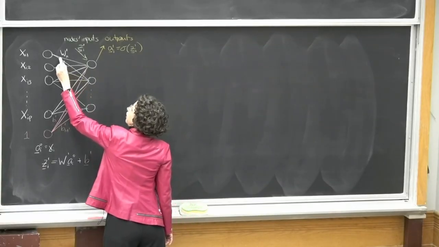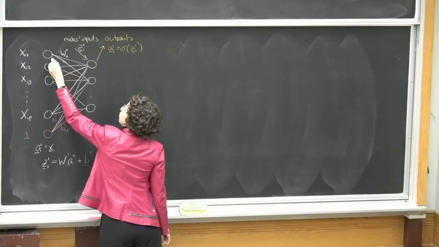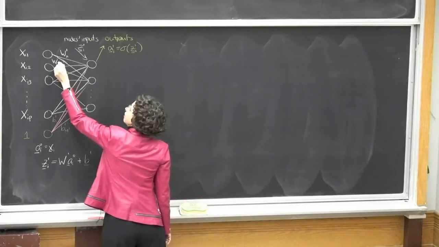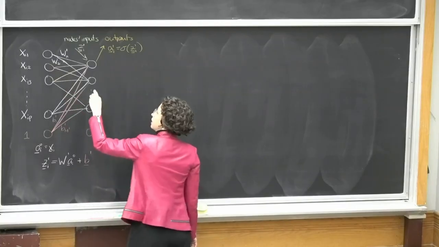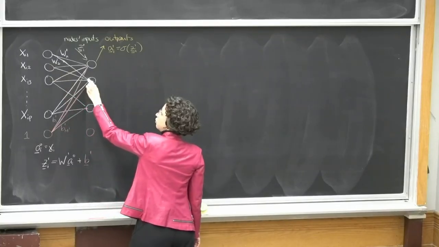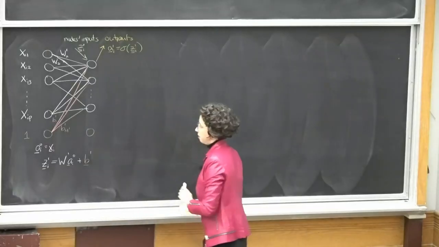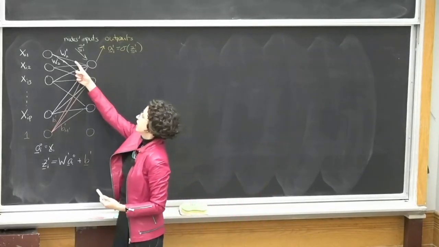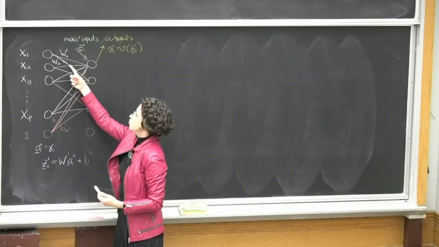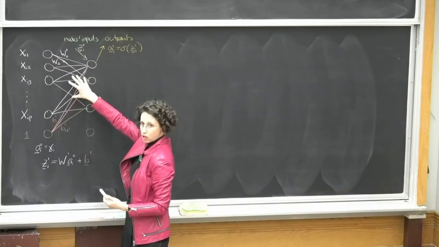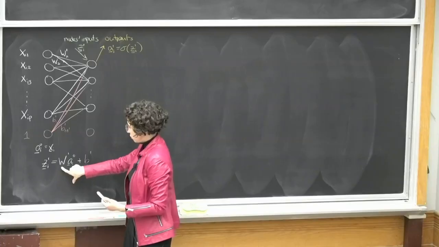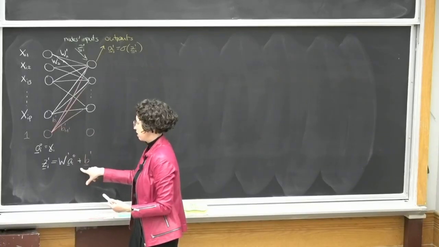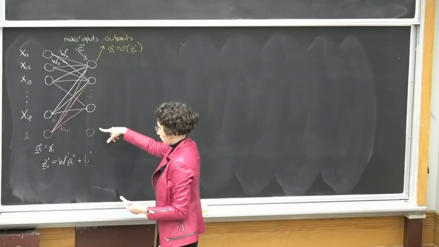This line right here would correspond to weight W with a superscript 1 and then subscript 2,1 because it is going into node 2 from node 1. And so with this pattern of assigning a weight to each one of these lines, we can represent that whole collection of weights as a matrix that we multiply to the outputs of the nodes from the previous layer. We add in the biases, and that gives us the inputs to these nodes.